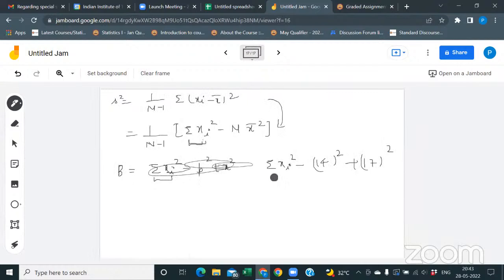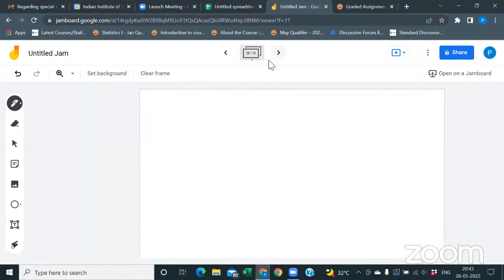Oh, you are saying instead of this one, you are saying 133 square, right? No, it's not a correct one. What is your x bar? Summation of xi divided by n. Now you got summation of xi as 133, right?